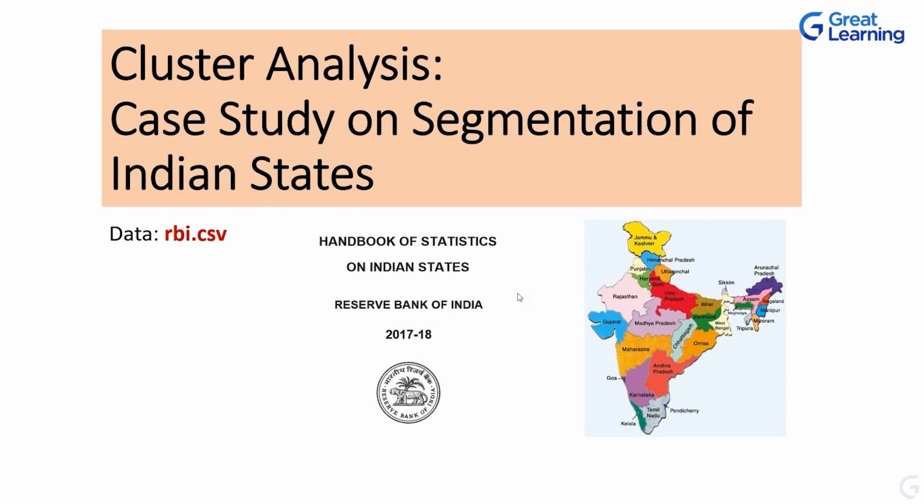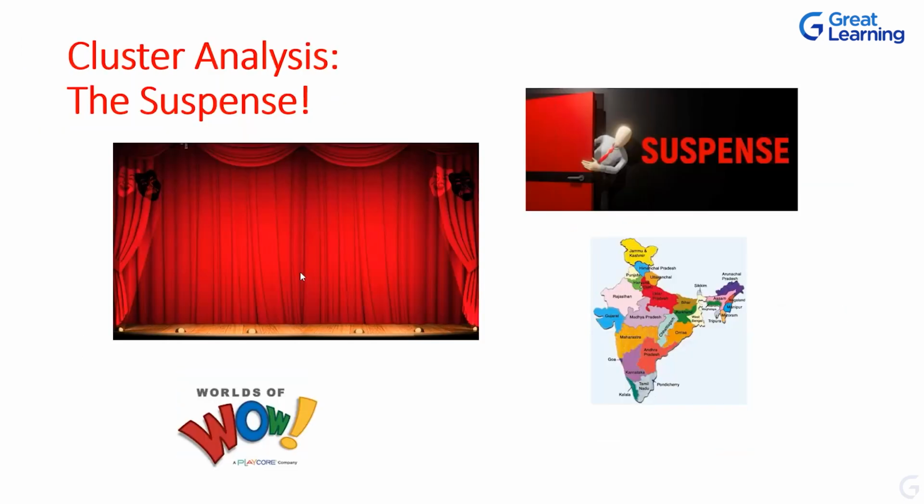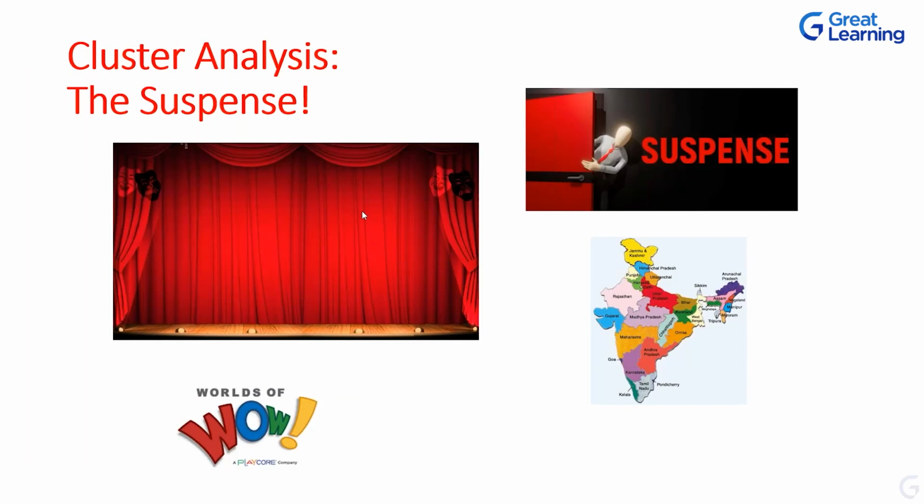The idea was to find out some key variables where the data is complete. So we had taken a few variables, which I will show you in a few minutes, like birth rate, mortality rate, poverty, and road length.